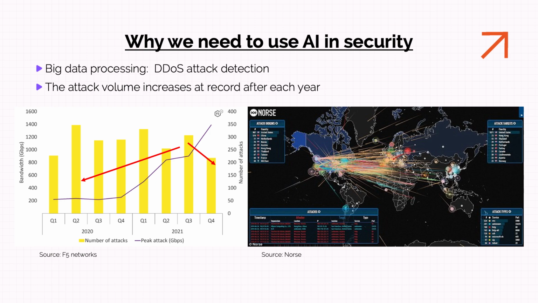If we do not use AI, I think the detection accuracy may be very, very low. So remember two reasons to use AI. First is big data processing, and second, we can increase accuracy.